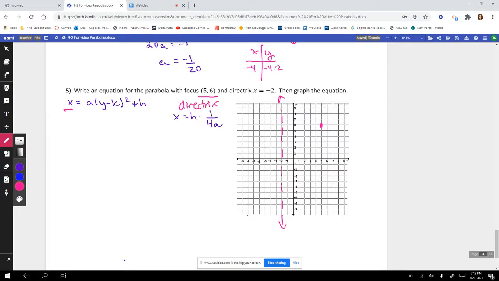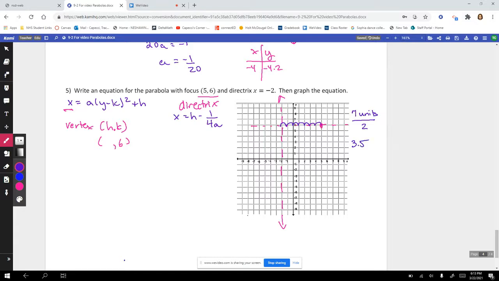Okay, so I know that right now my vertex is (h, k). So I know my vertex is going to have a y value of 6, because it's going to be along that axis of symmetry. Now, if I count here from the directrix to the focus point, I have 1, 2, 3, 4, 5, 6, 7. So 7 units divided by 2 gives me 3.5.